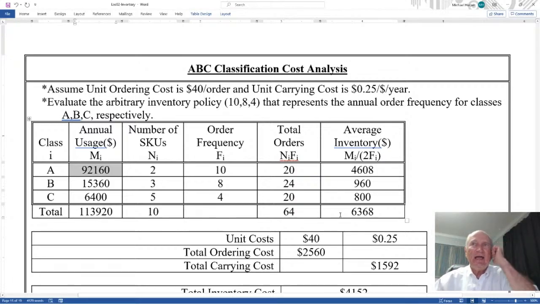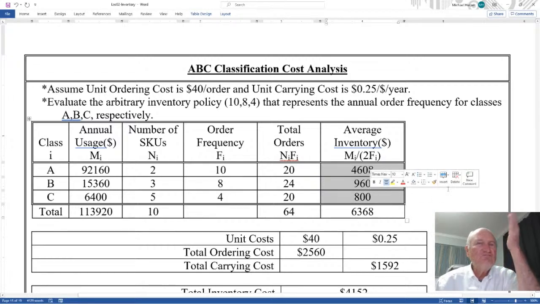Half of that is my average inventory. So my usage divided by my frequency divided by 2, that's my average inventory. I'll leave that for you to convince yourself that's true.